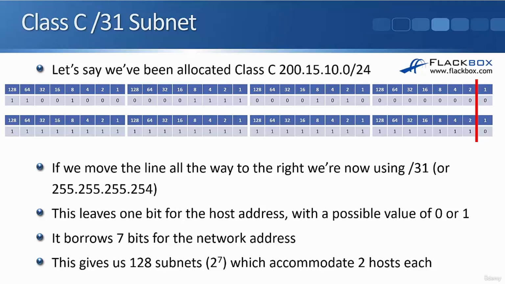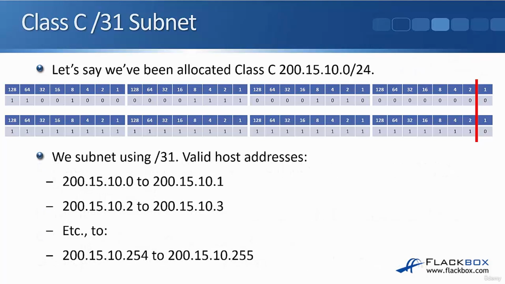So a class C, a /31, it borrows 7 bits for the network address from the host address. That gives us 128 subnets, which is 2 to the power of 7. Again, let's count it up: 2, 4, 8, 16, 32, 64, 128. And that's going to accommodate 2 hosts each. So that's what we get with a /31.